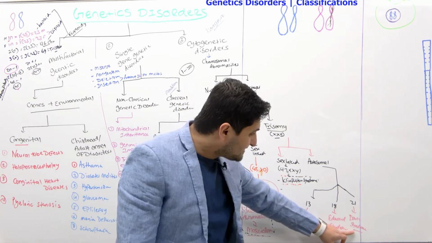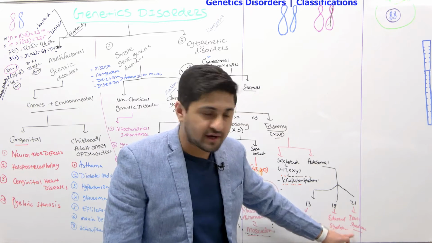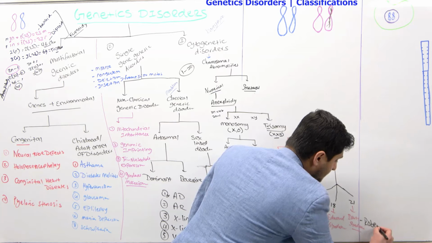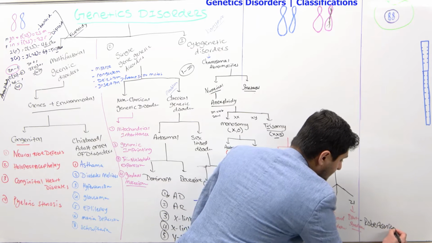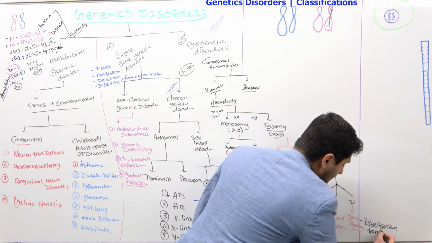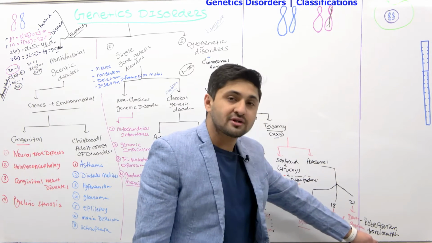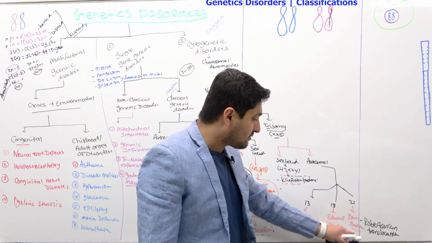But Down syndrome can also be caused by something called Robertsonian translocations. You must remember this. An unbalanced Robertsonian translocation can also give rise to Down syndrome.